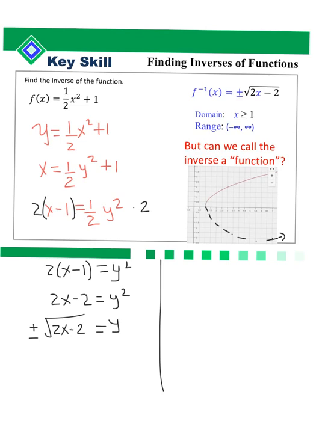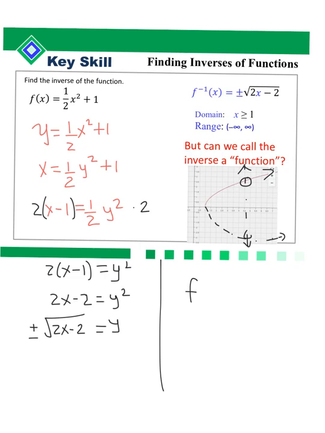You can see x is greater than or equal to 1. And you can see the range is all real numbers. But this is not a function because it does not pass the vertical line test. So it means we cannot have the plus or minus.